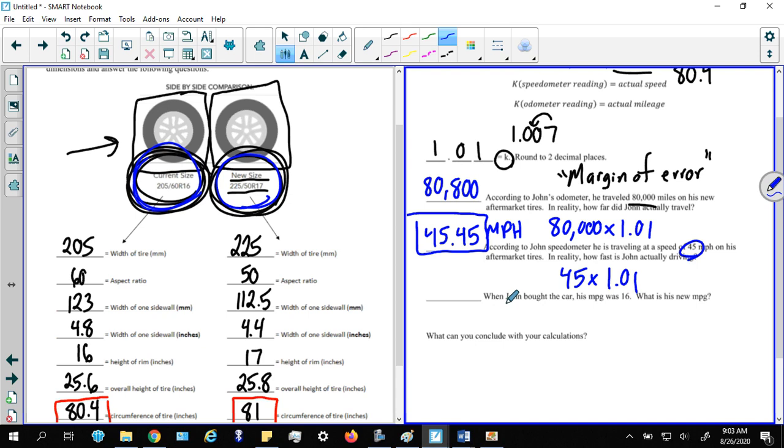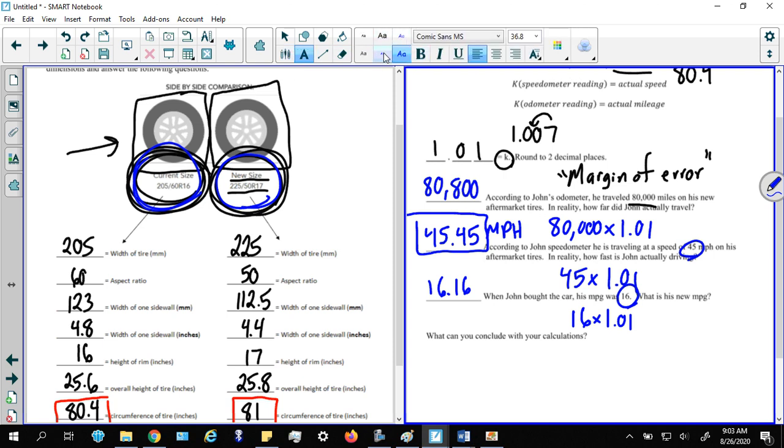Lastly, when John bought his car, his MPG was 16. What is his new MPG? Again, take 16 times 1.01. I don't think there's going to be much change here because he's not really driving with bigger tires. So what would you conclude with your calculations?